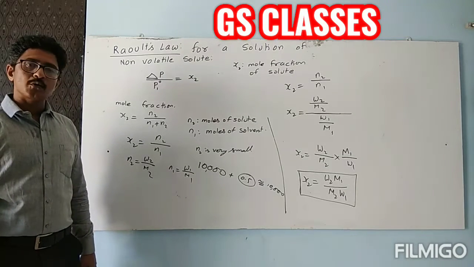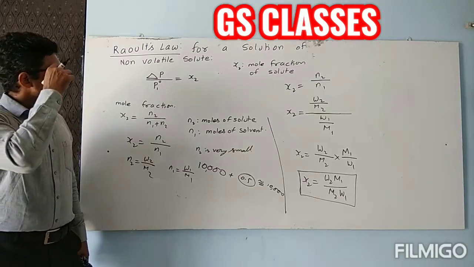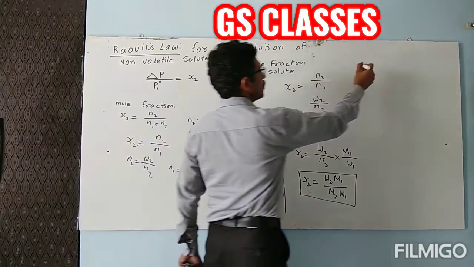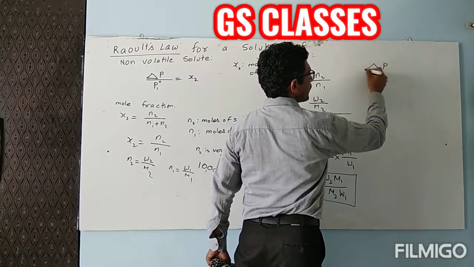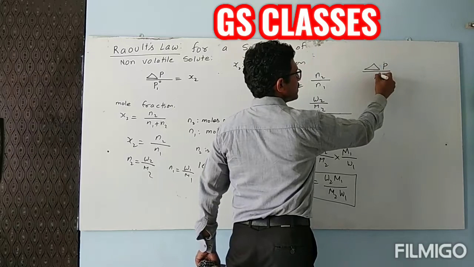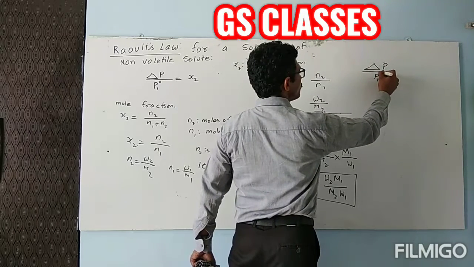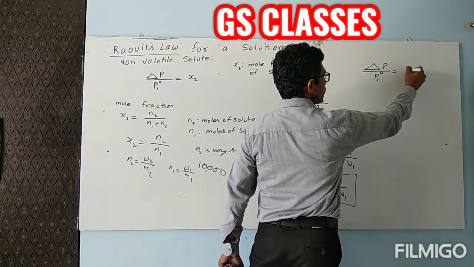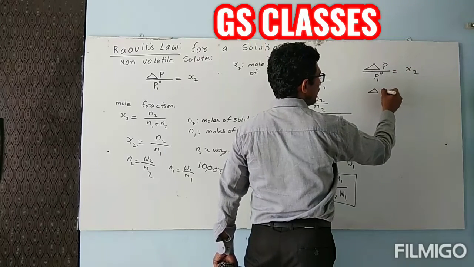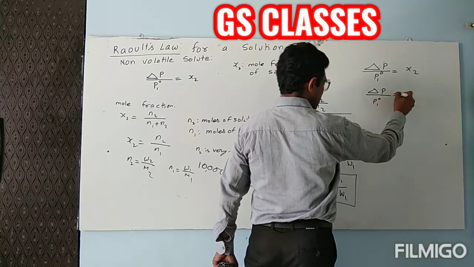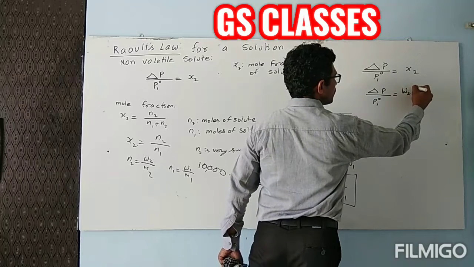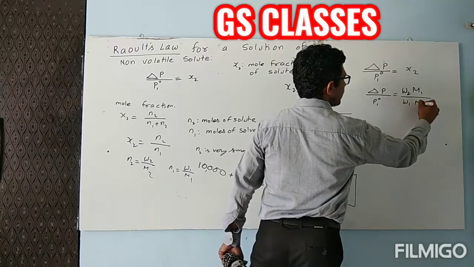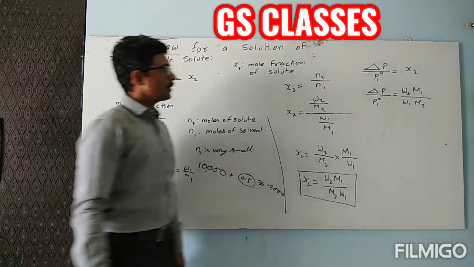Now X2 we have calculated. Children, let's put this value in this formula. Relative lowering of vapor pressure divided by the vapor pressure of the pure solvent equals X2, and that X2 I can now write as W2 M1 upon W1 M2.